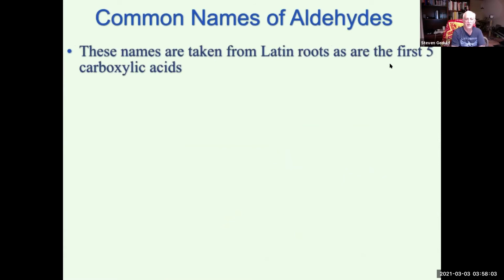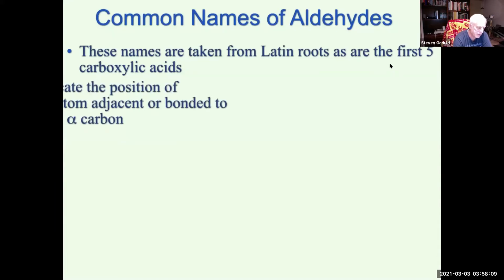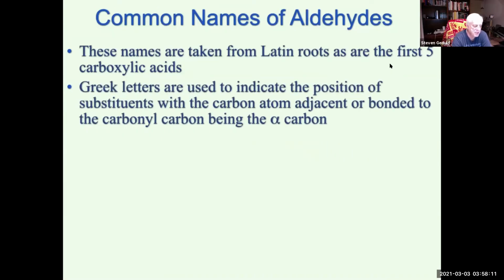Okay, common names. That's if you're not going to use the IUPAC, you have some common names coming from the Latin roots, as are the first 5 carboxylic acids. Greek letters are used to indicate the position of the substituents, with the carbon adjacent or bonded to the carbonyl group being the alpha carbon. So instead of number 1, these are alpha.